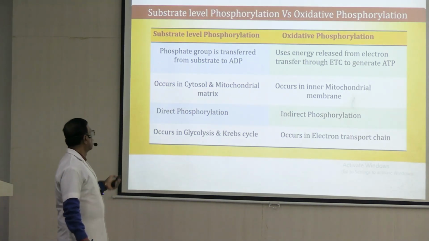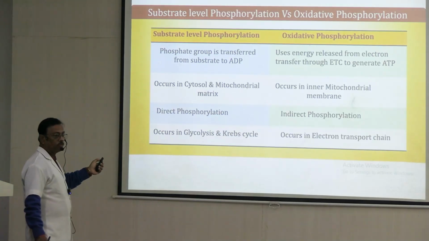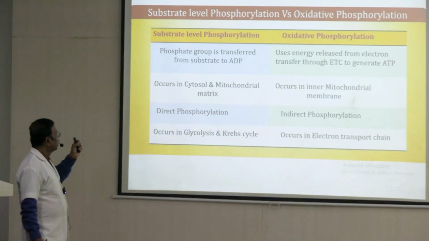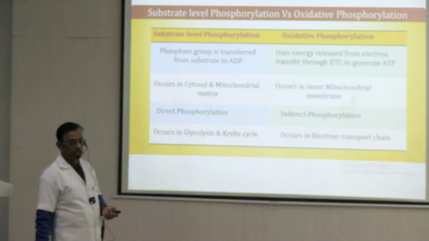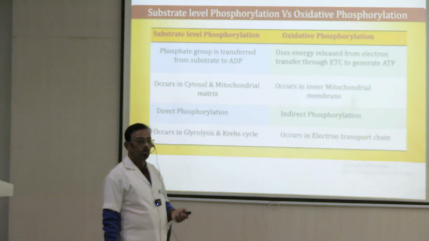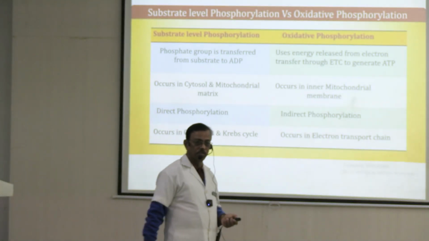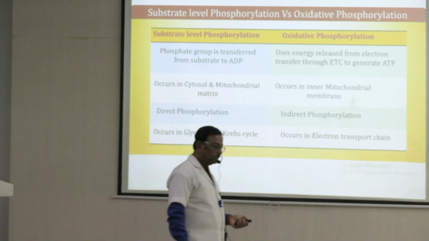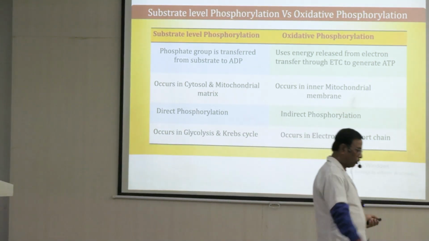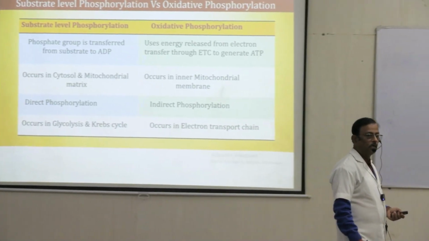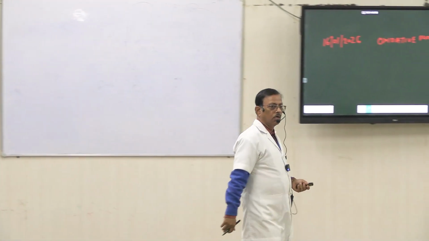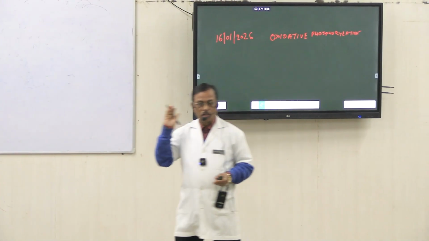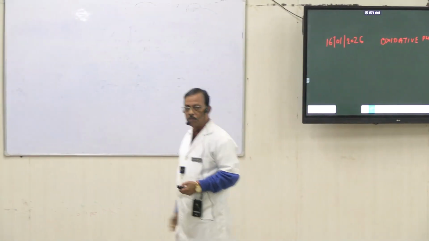Now, substrate level phosphorylation occurs in cytosol as well as mitochondrial matrix. Cytosol, for example, in glycolysis, 1,3-bisphosphoglycerate, when it is converted into 3-phosphoglycerate, the phosphate group from the first carbon is used for synthesis of ATP.